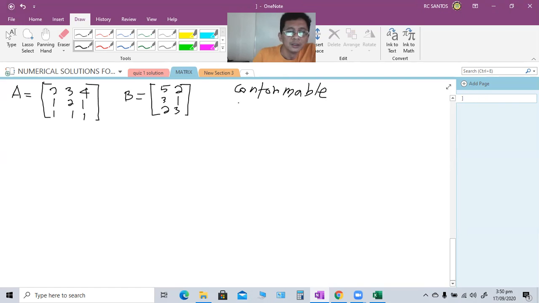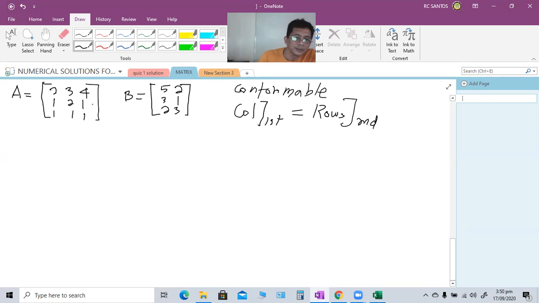Paano mag-conform yun? Dapat yung column of the first matrix must be equal to rows of the second matrix.